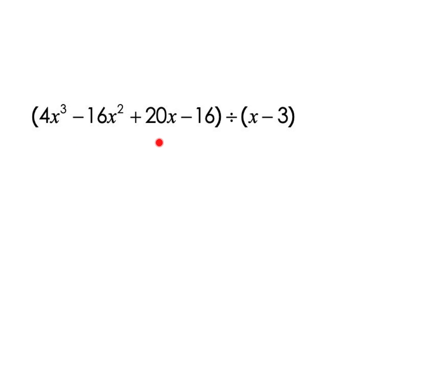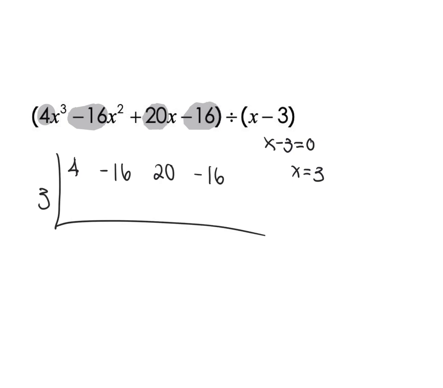This is another one where we have a remainder. So let's first identify our coefficients. That's going to be 4, negative 16, positive 20, negative 16. Then we have x minus 3 equals 0, so x equals 3. We rewrite this as 4, negative 16, 20, negative 16, and we're dividing synthetically using 3.